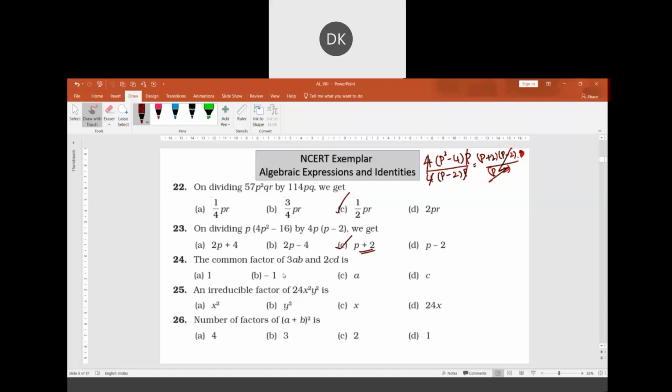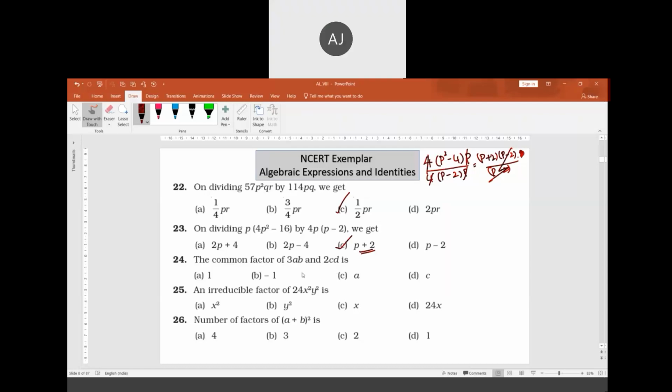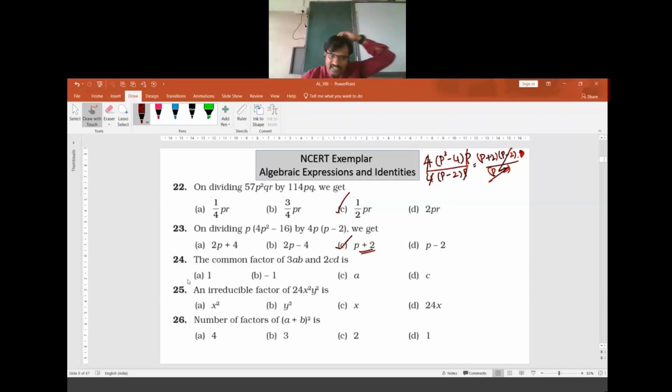Question 24. The common factor of 3AB and 2CD is plus 1, minus 1, or both? Option A, 1. I said for class 8th, we will not be taking negative things.